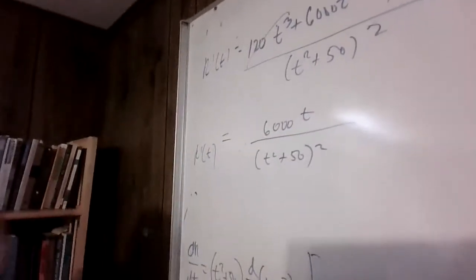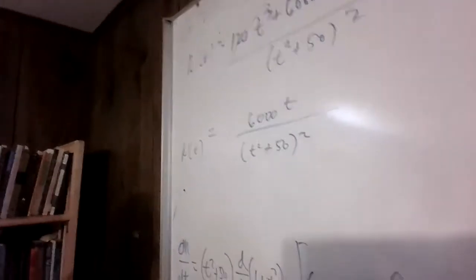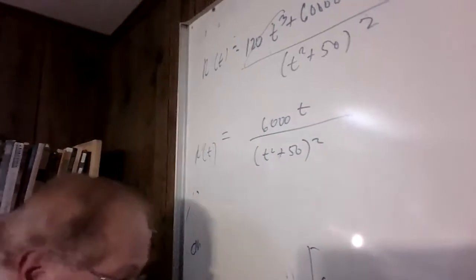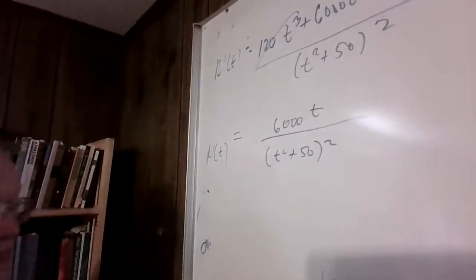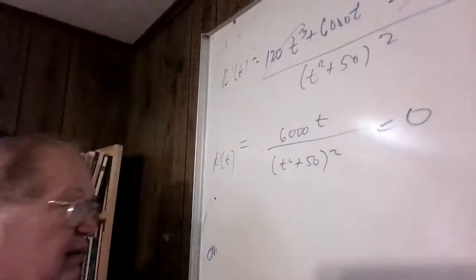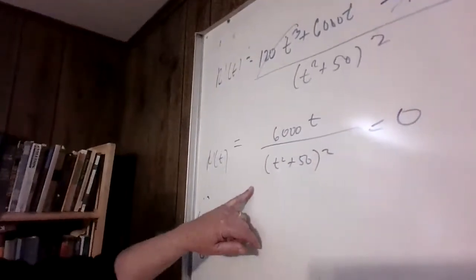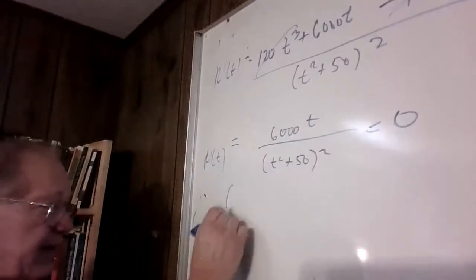Now, in order to solve for the critical points, we have to set this equal to 0, which comes up with an interesting solution. I'm going to multiply both sides by t squared plus 50, squared.